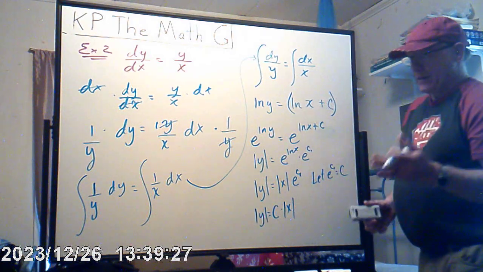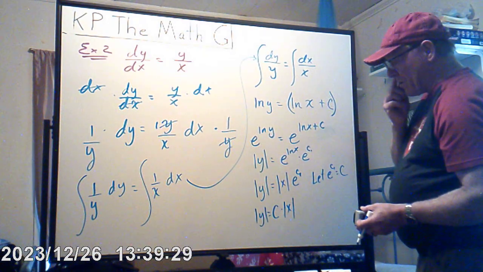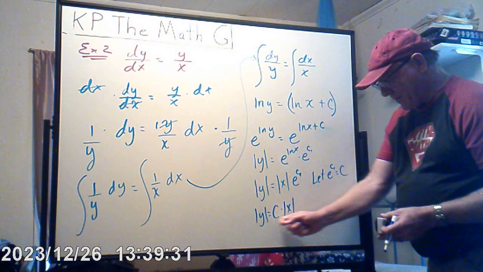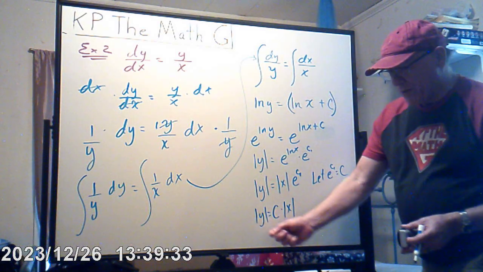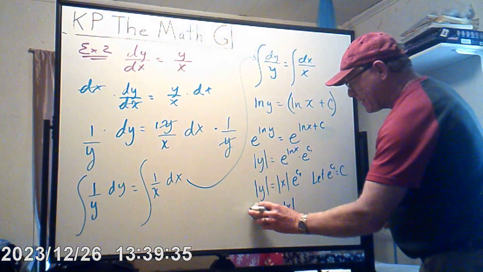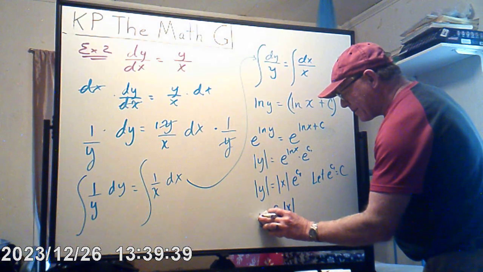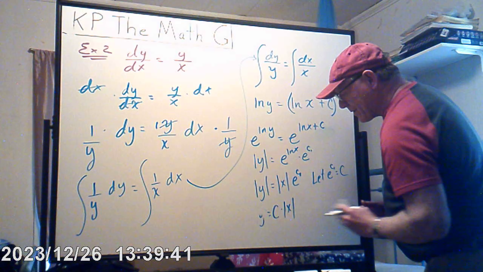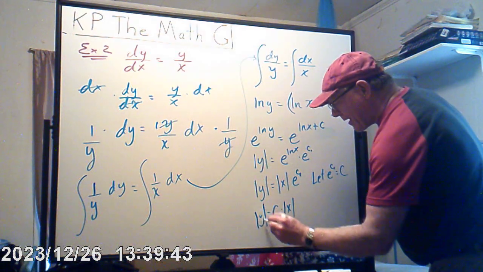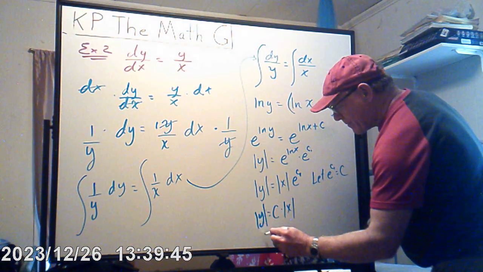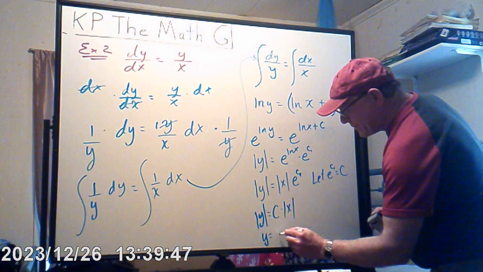And okay, so provided that we can remove those absolute value bars, I think sometimes they do, so instead of just saying the absolute value of y, we're going to assume that that's positive.